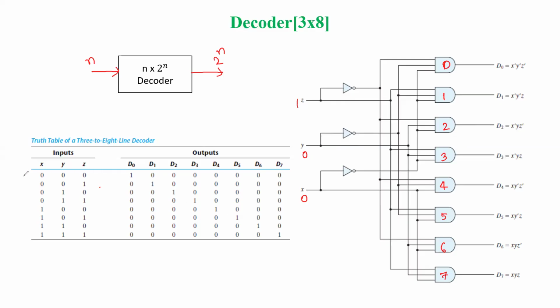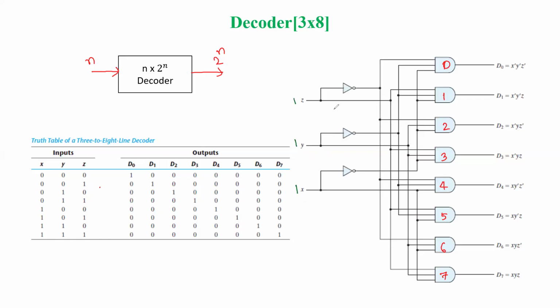Like in the case of the last combination, here we have all values as triple one. This triple one represents the value 7, so D7 is 1. In this case, all inputs X, Y, Z, all three are 1.